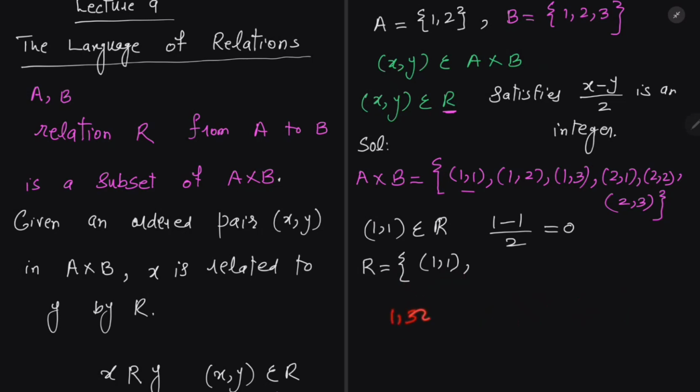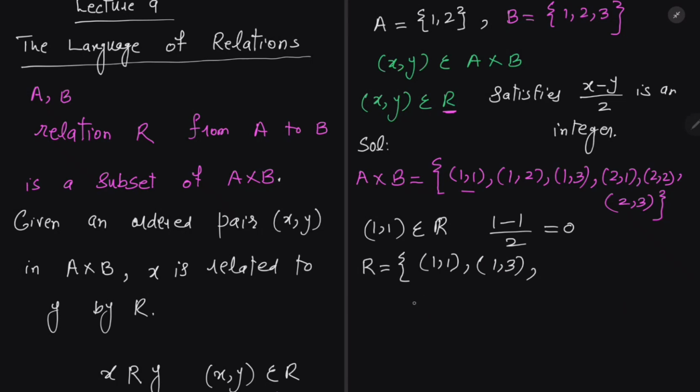Similarly, 1 3: 1 minus 3 divided by 2 is minus 2 divided by 2, which is minus 1, so it belongs to relation R.